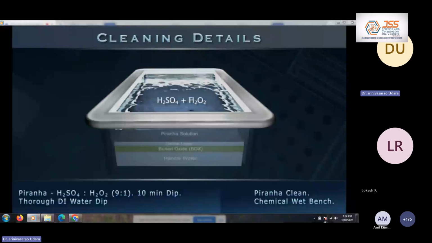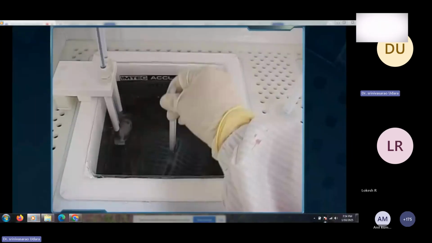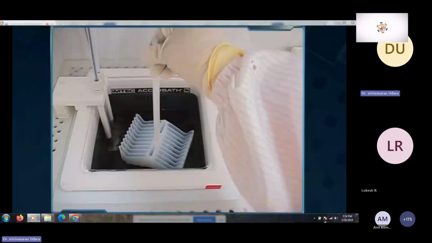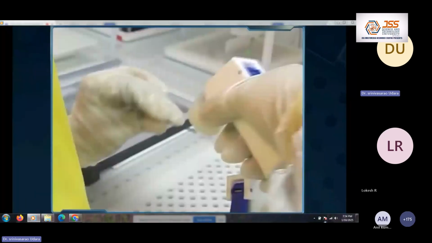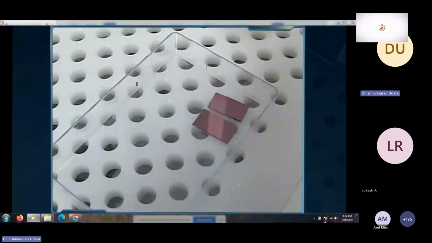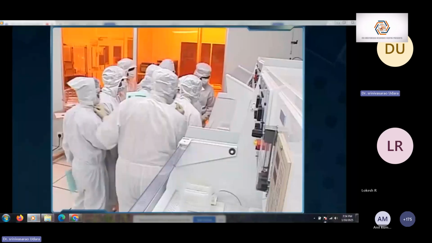10 minutes later, we remove the samples and rinse thoroughly with deionized water. This is followed by blow drying the samples with nitrogen. The samples are now clean and ready for the next step of photolithography.